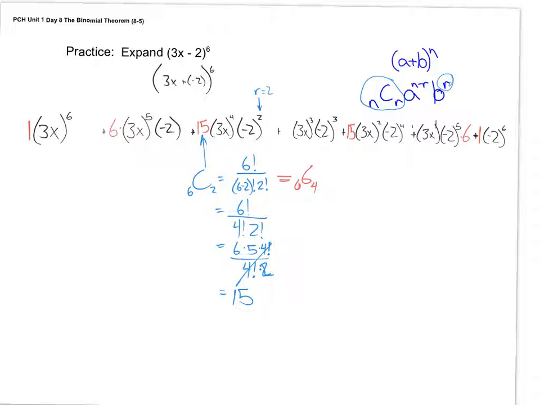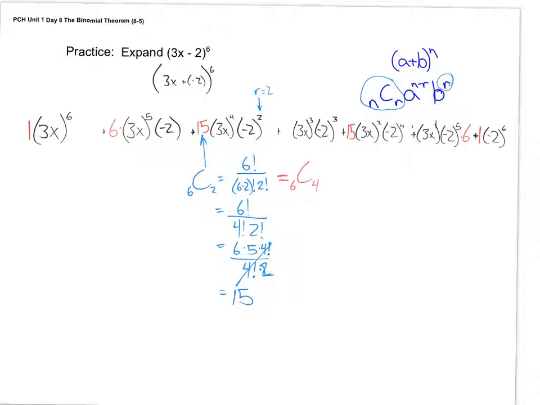You might say, well, why does 6 choose 4 equal the same thing as 6 choose 2? Well, think about it. If we're picking 2 to include, over here when we're picking 4, that's the same thing as picking 2 to leave out, right?